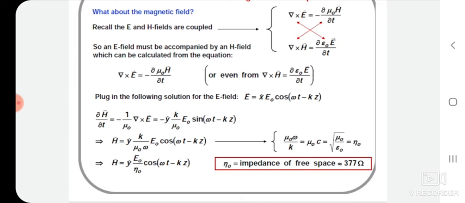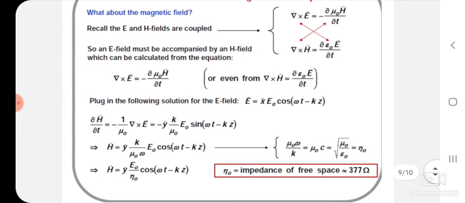We are just simplifying that equation for the electric field as well as the magnetic field. There is no very lengthy process to simplify. All these equations are for your understanding.